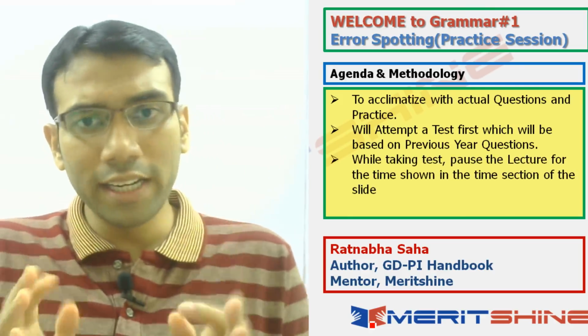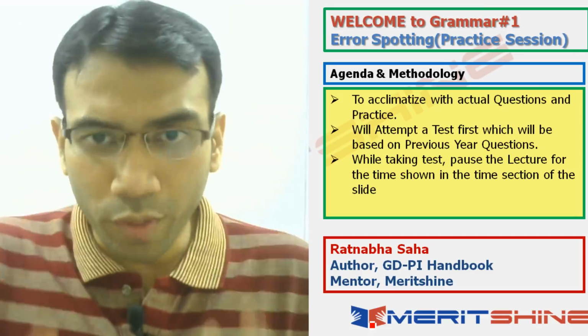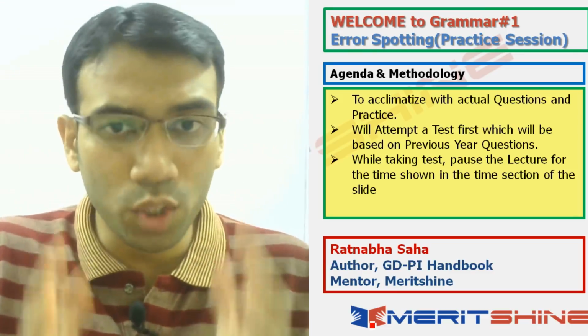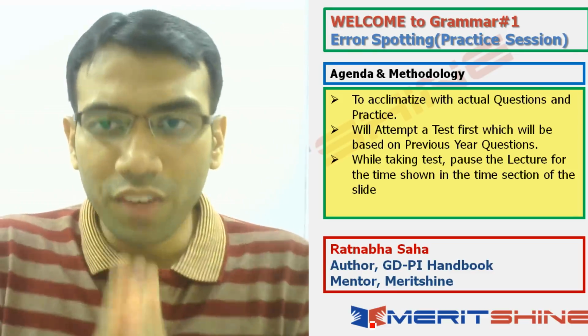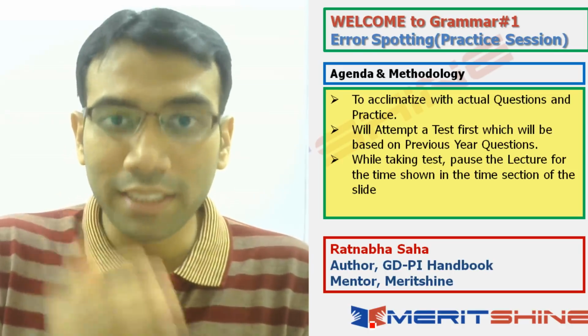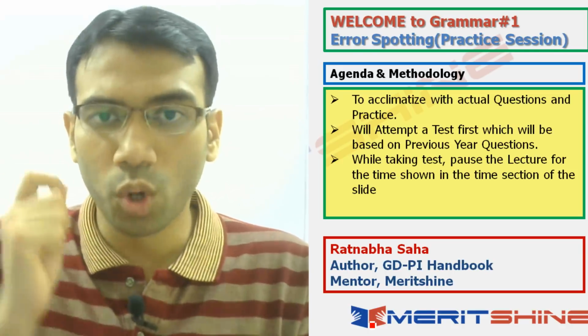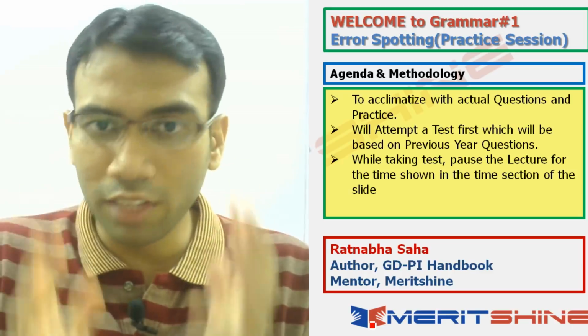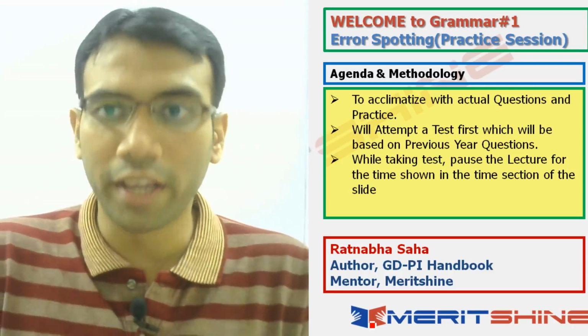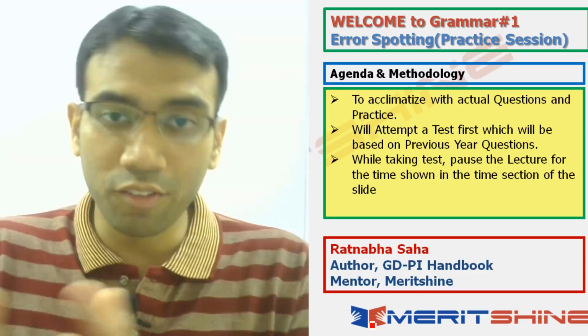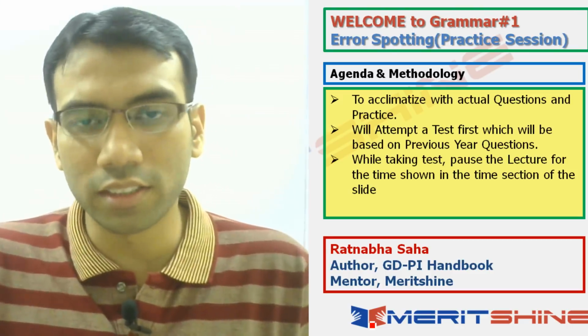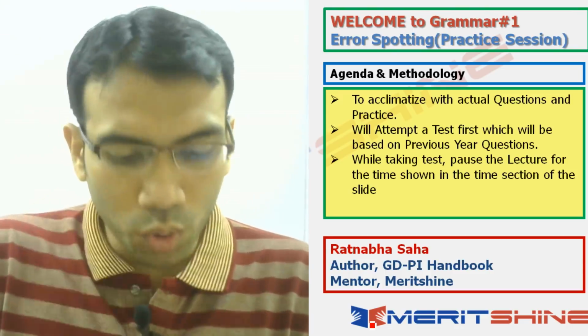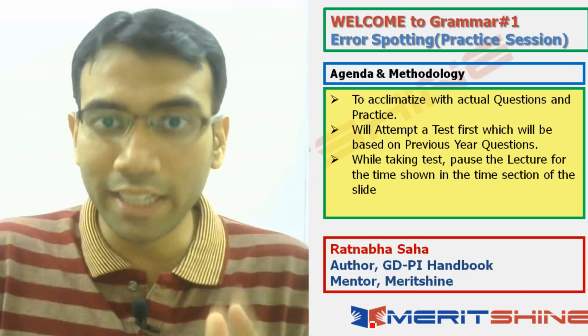So the idea here is very simple. The 10-12 questions that we'll do in every class, you should take them as a test. So in today's class also, I'll give you around 10 questions of error spotting and identifying which one is the correct sentence kind of questions. You will be assigned some time.